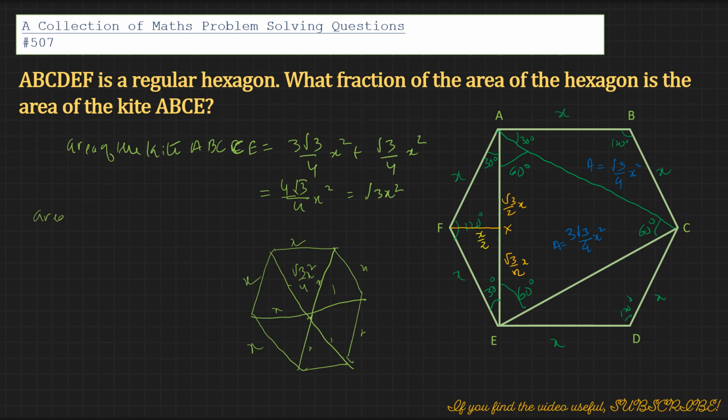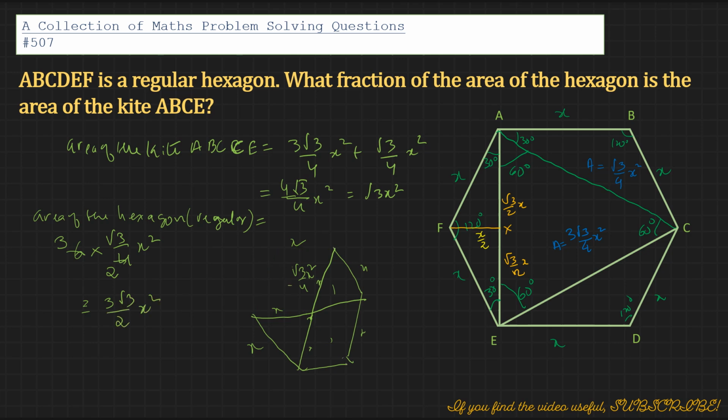So the area of the regular hexagon equals √3 out of 4 x squared times 6, that is 3√3 out of 2 x squared.